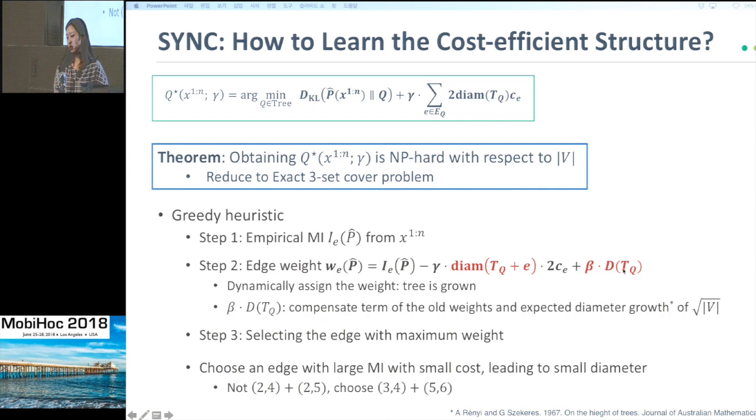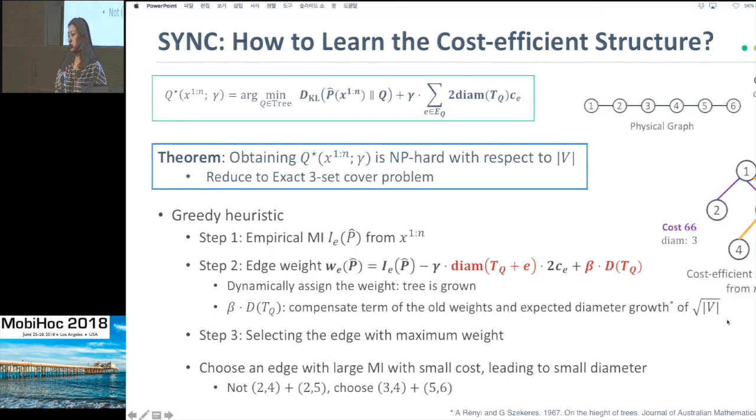But here we consider an additional term, which compensates the change of the edge weight in the previous tree structure and the new tree structure by adding the new edge. And we also add a constraint compensation term to keep the expected diameter growth of the resulting structure as the root of the number of nodes.